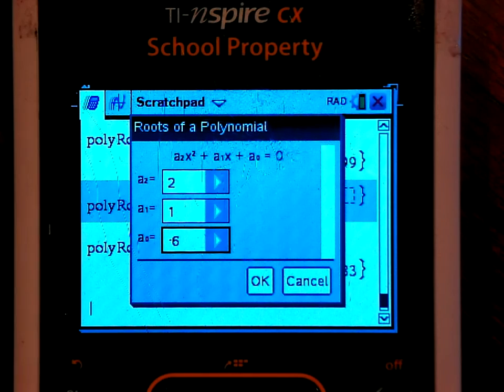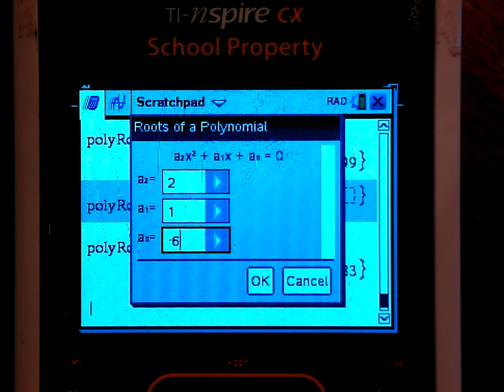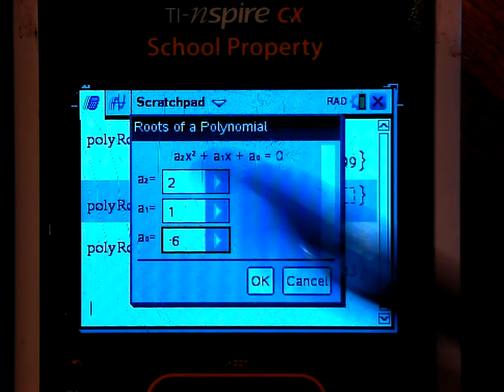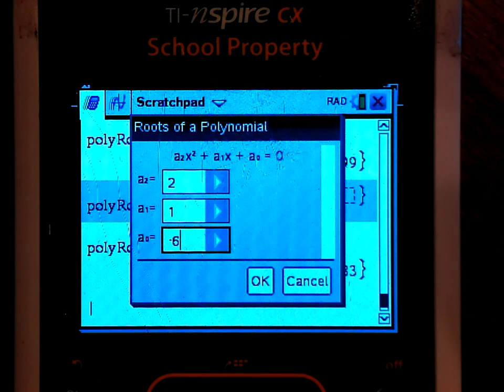Now, here's where I have to branch off and tell you that computers are stupid. They are stupid machines that will do exactly what you tell them and nothing else. So if you forget to put the negatives in here, it's not going to give you the answer you want. It's going to give you the answer it thinks you're looking for.